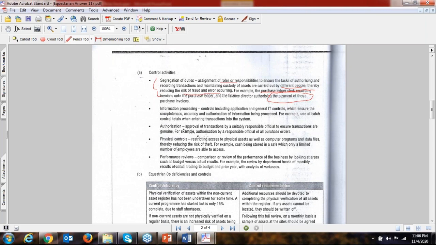For example, the control is authorization by a responsible purchase official of all purchase orders. Any purchase order that is prepared will be authorized by only one person. After the authorization, the purchase order will be implemented to purchase all the items.